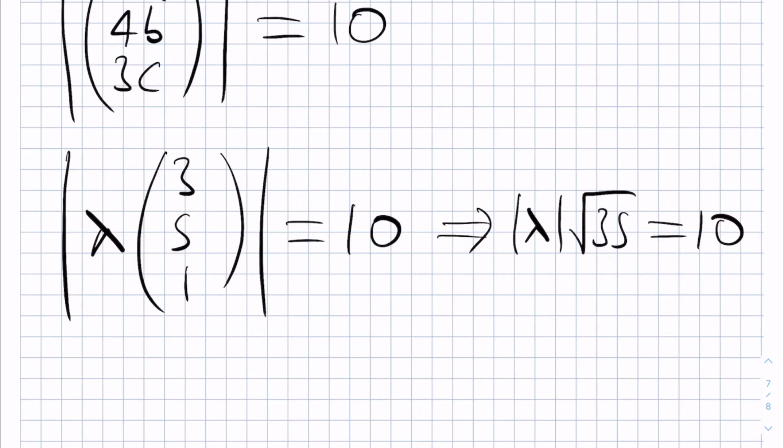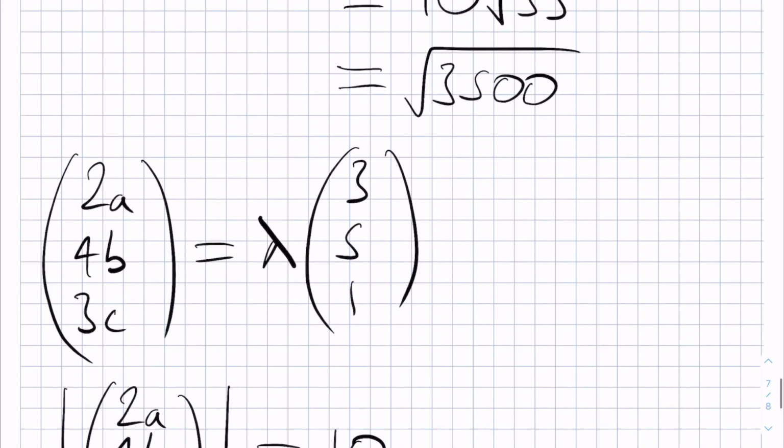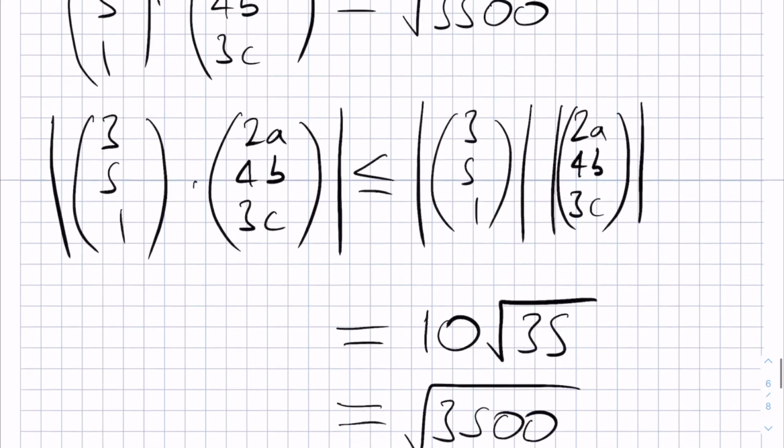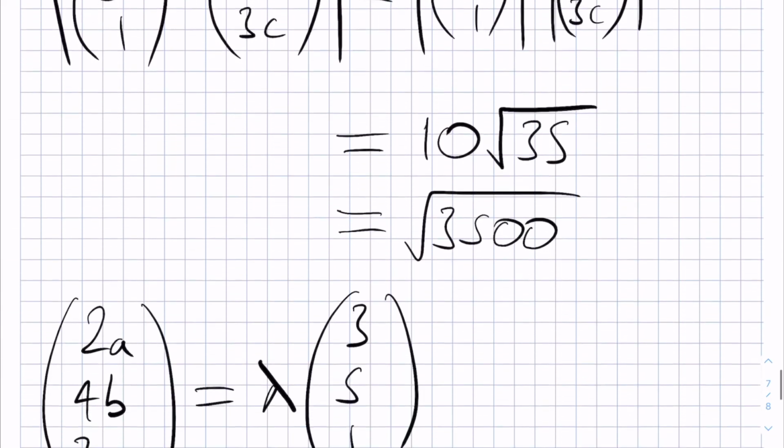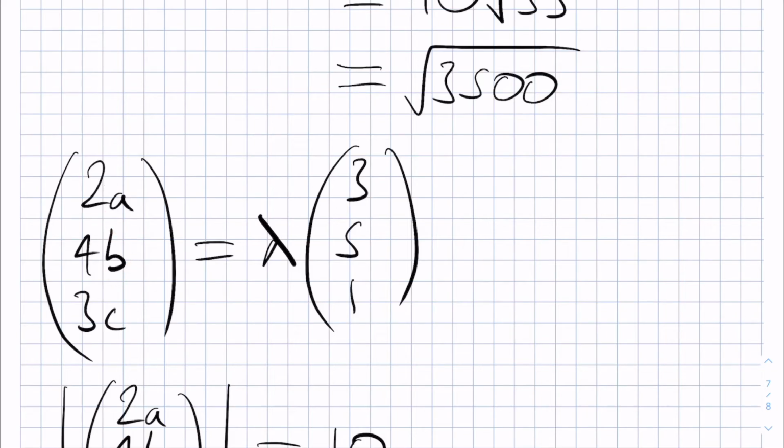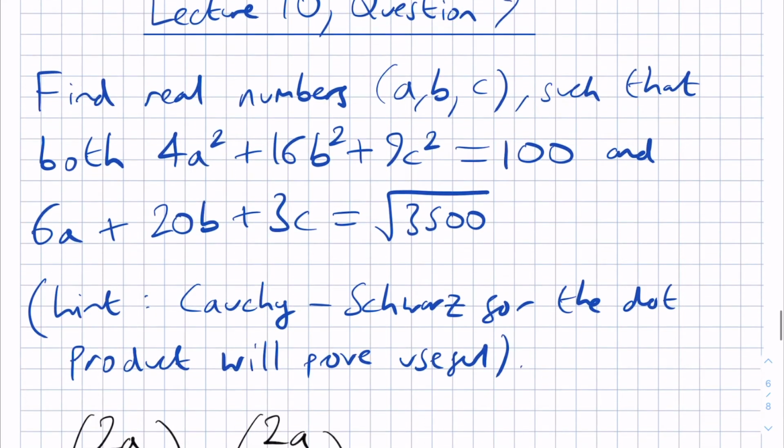And then this equation here has two solutions for lambda, one positive and one negative. We need lambda to be positive so that then a, b, and c are themselves positive, because our original equation must have a, b, and c all being positive, since the alternative is that if lambda is negative, then a, b, and c are all negative, but then we have this plus root 3500 that gives us a contradiction.